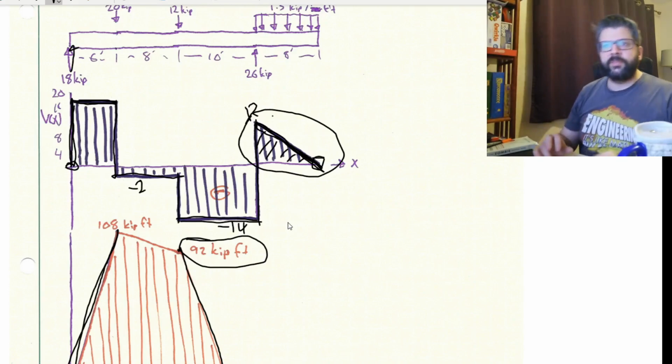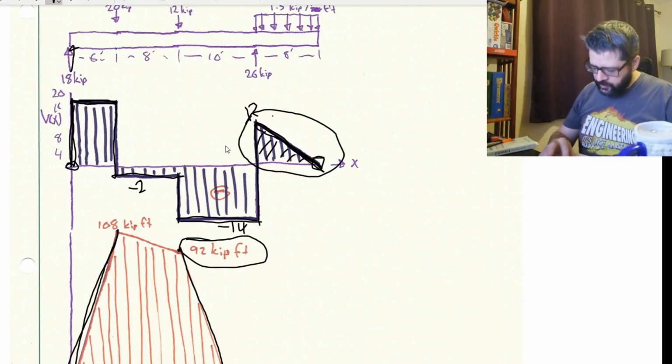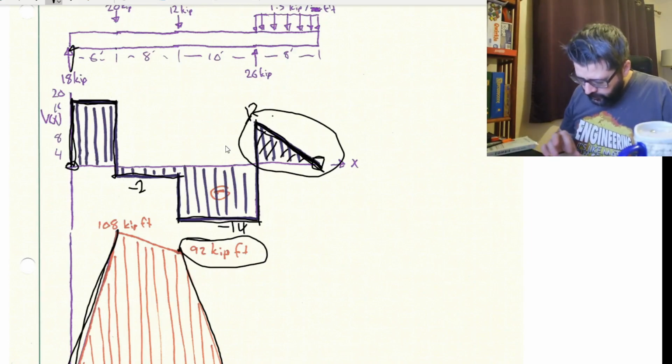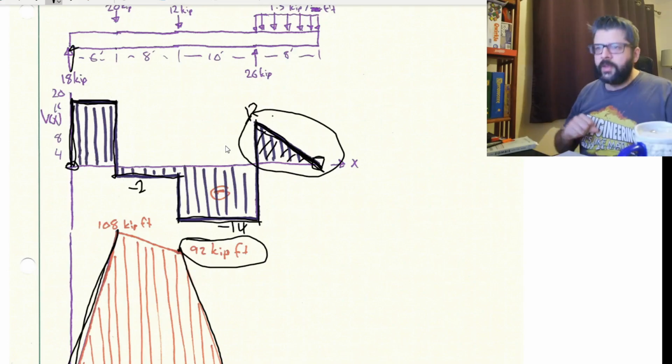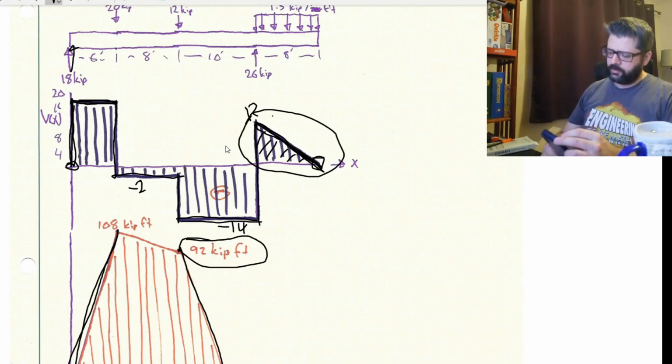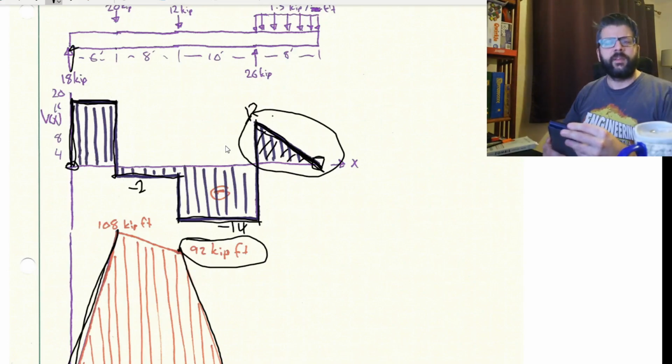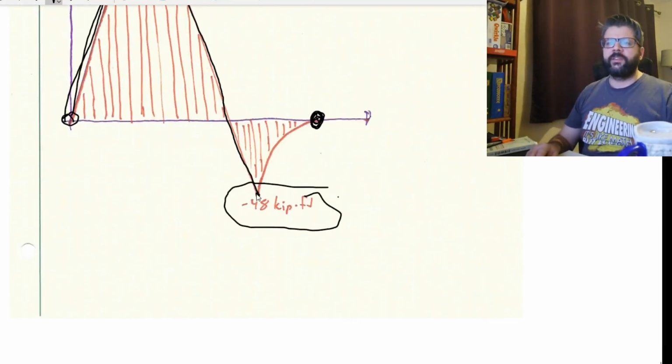We got 12 kips as our shear times 8 feet divided by 2. That gives us 48 kip-feet, which is exactly the amount we need to get us from here up to here.